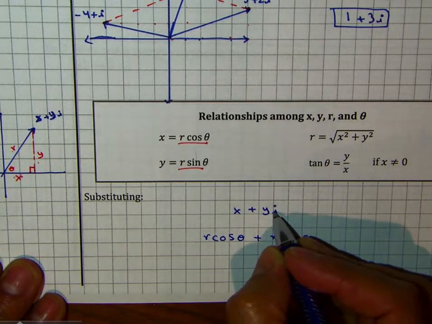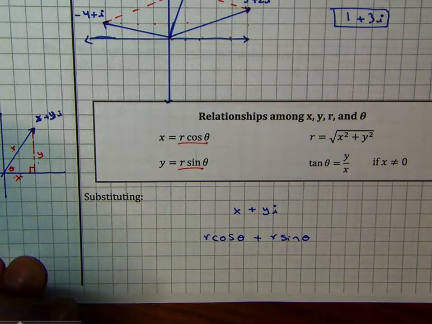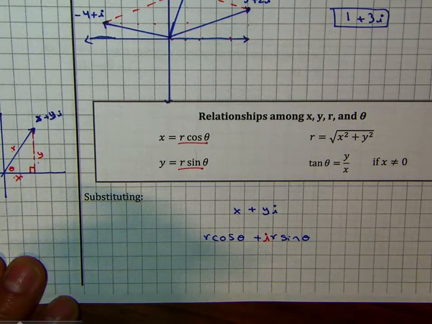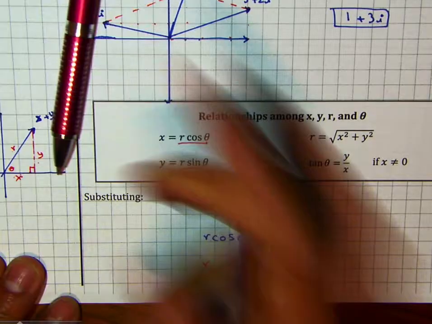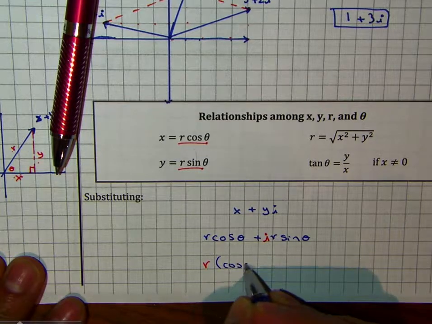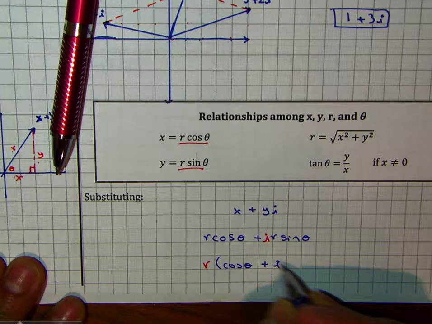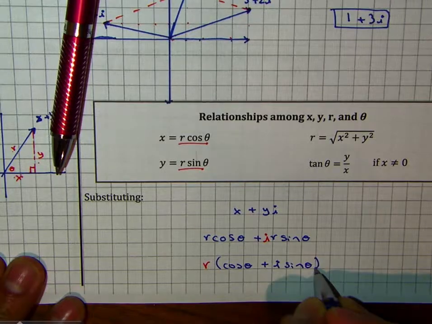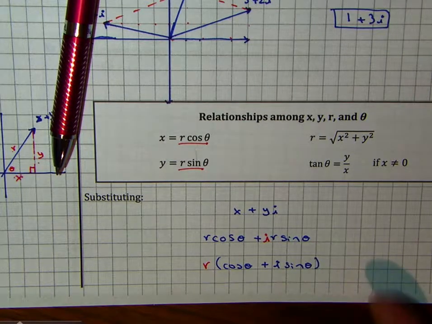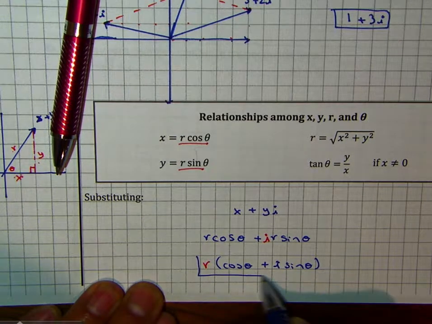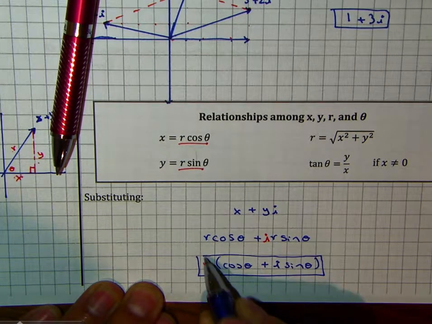And we should move the i to the very beginning, to the front. I'm going to take out the r as a common factor, so that gives me r times cosine of theta plus i sine of theta. And that is the definition that we are going to use.